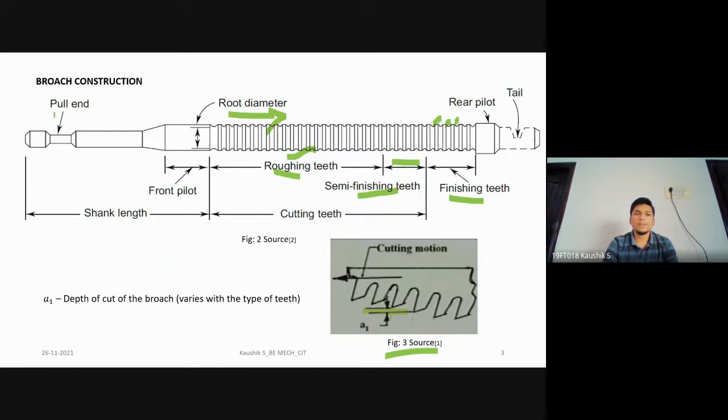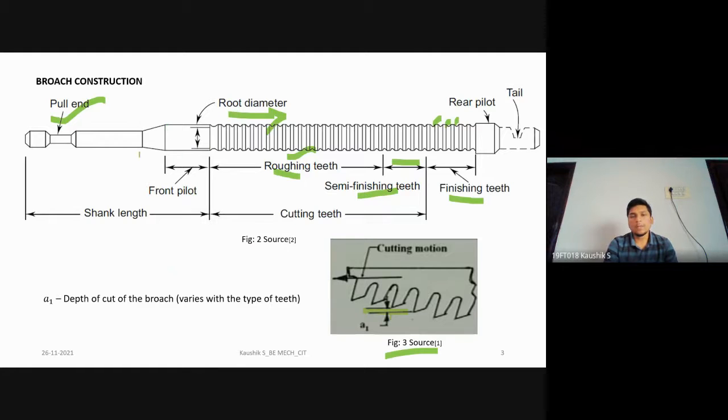Now we will see how the broach is pulled. In that pulling, the pull end is used, where a pulling mechanism is involved in moving this broach tool across a hole so that the desired shape of this broach tool is cut out in the workpiece.